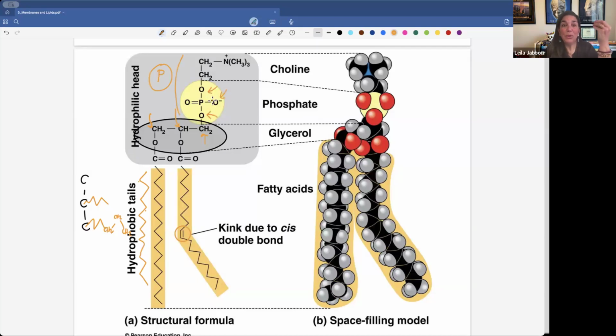They pull on the electrons that are in those bonds. They're pulling them towards them, and it creates a polarity to this end of the molecule. So that's why this is the polar end of the molecule, and these are nonpolar.